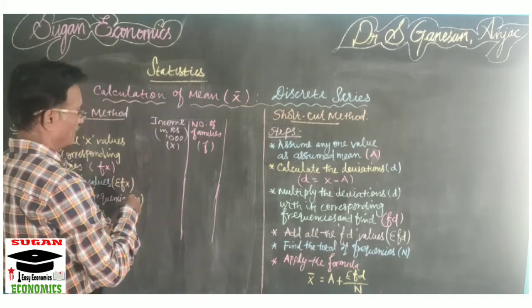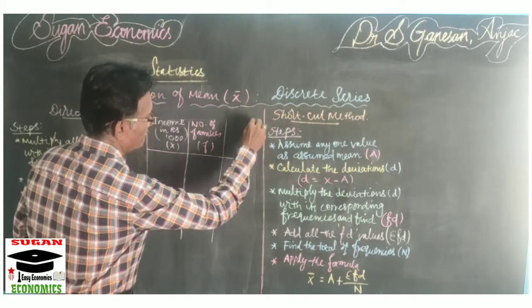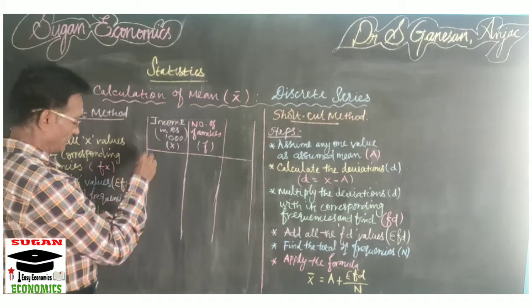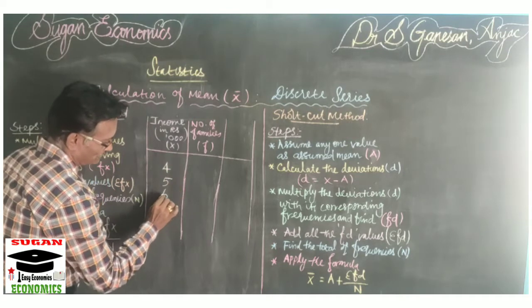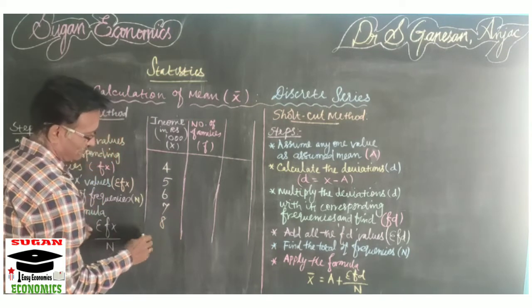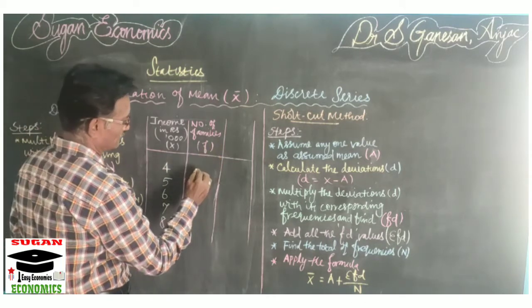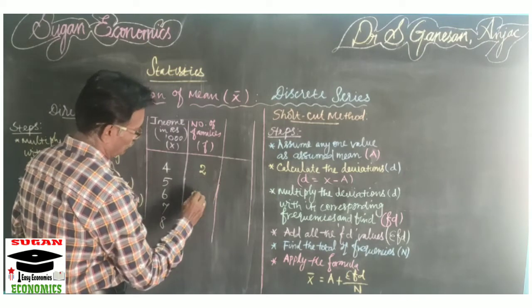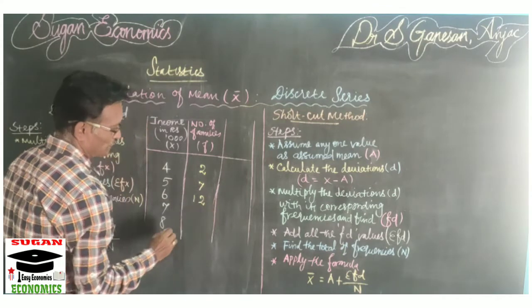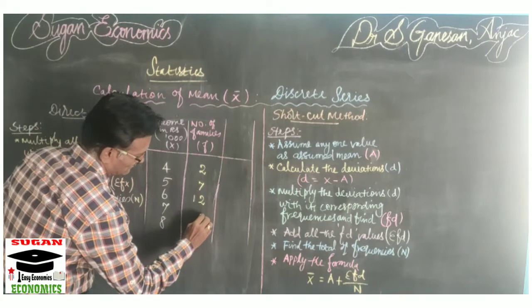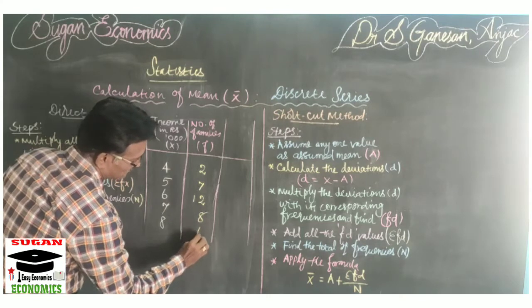Under income you take 4, 5, 6, 7, 8, and under number of families you take 2, 7, 12, 8, 6.